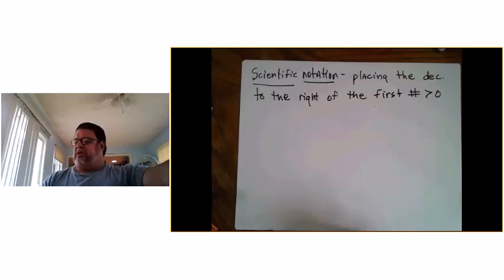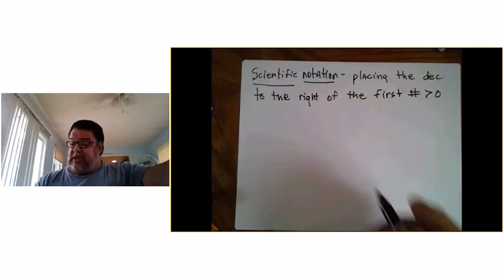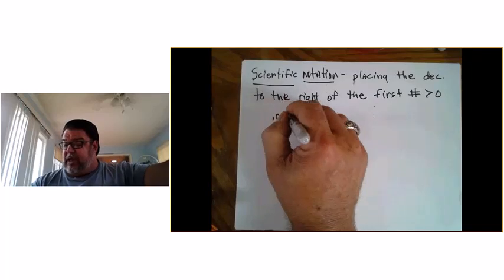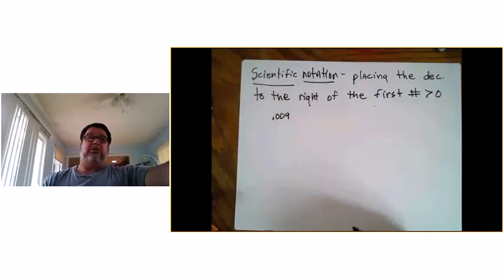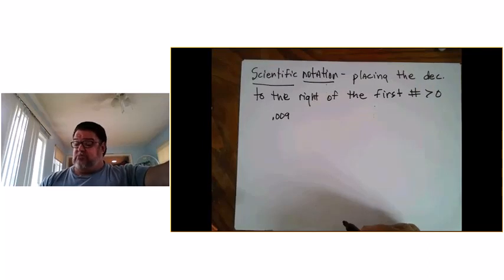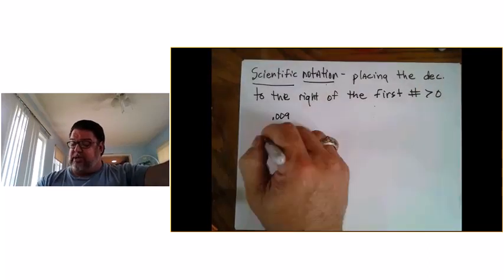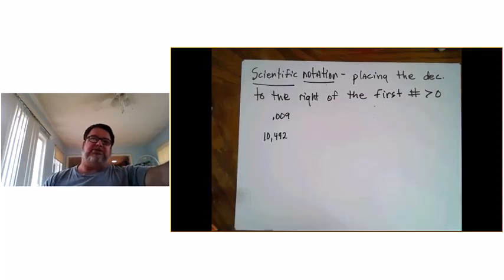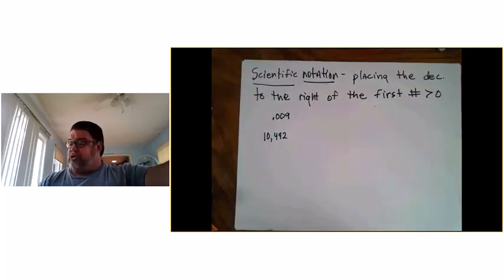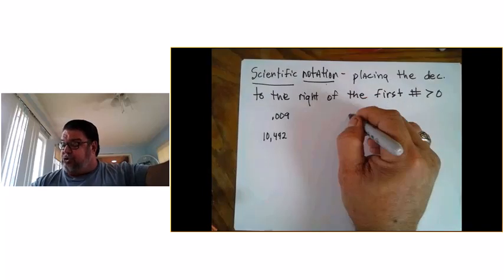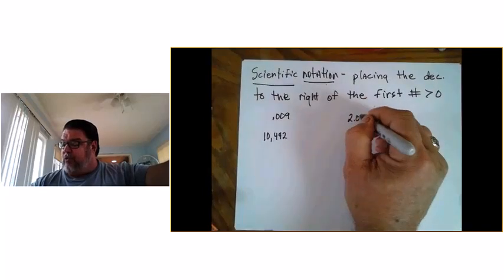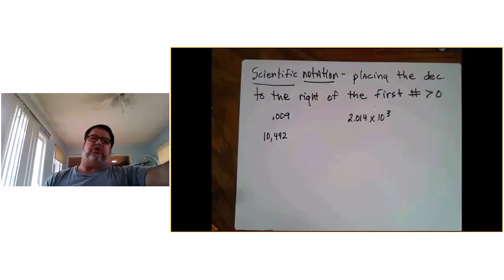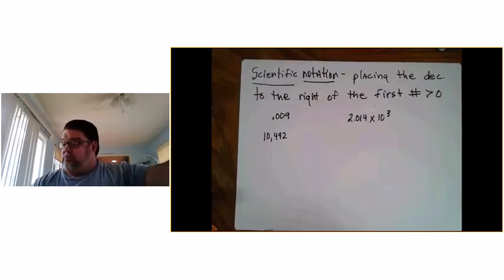Most students can change 0.009 to a scientific notation. Most students can change 10,442 into scientific notation. Most students can take 2.014 times 10 to the third and change that into regular notation.